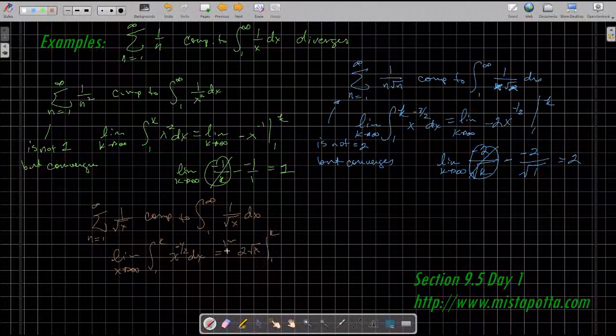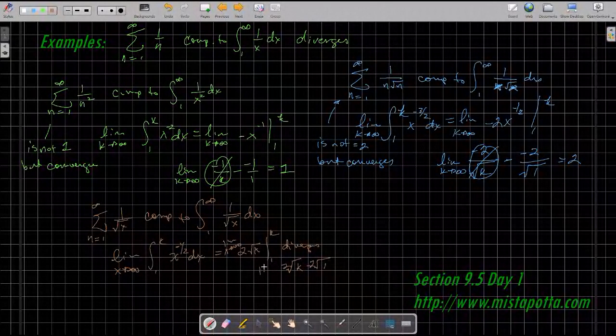And as x goes to infinity, my radical x function is an increasing function. And so this diverges, because I'm really going to be taking the square root of k minus the square root of 1.